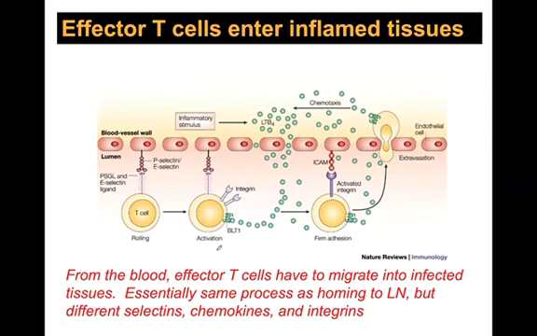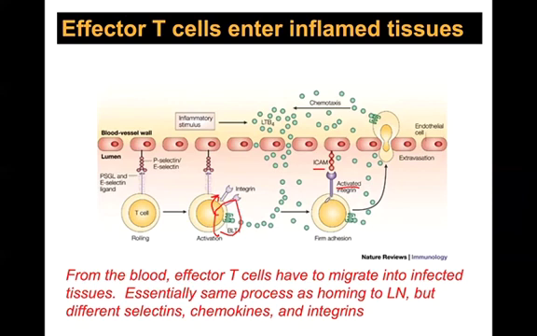The next step is activation. That is a chemokine binding to the chemokine receptor, which causes the integrin to go from a low affinity form to a high affinity form. The activated integrin is now a high affinity version and can bind tightly to ligands like ICAMs, intercellular adhesion molecules.